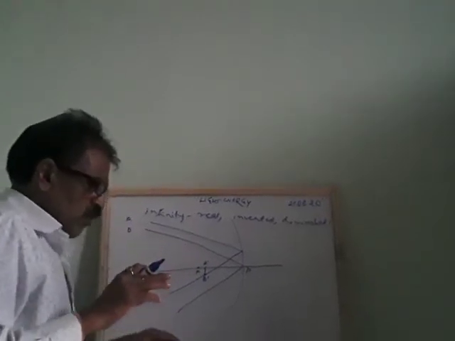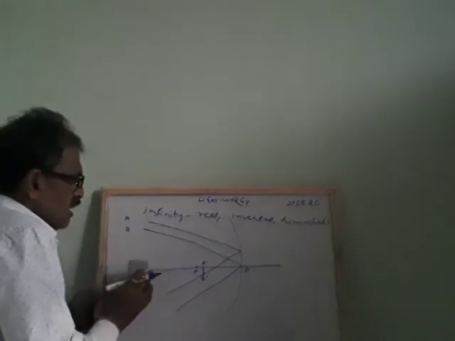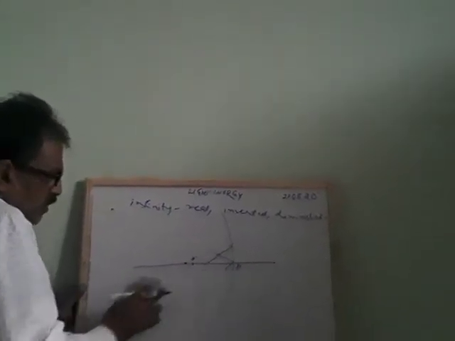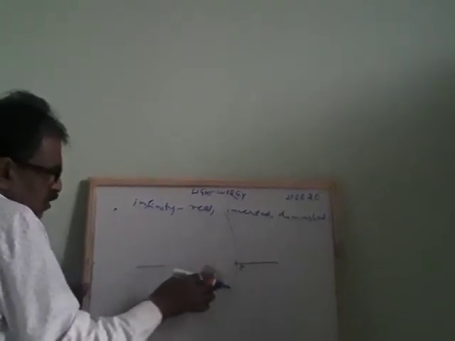Then the object is kept at C. What is C here? Centre of curvature. We keep the object at the centre of curvature.